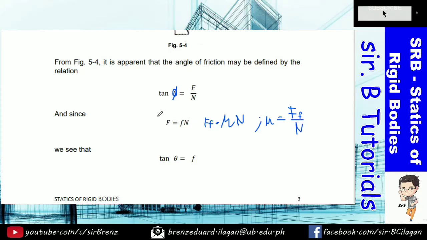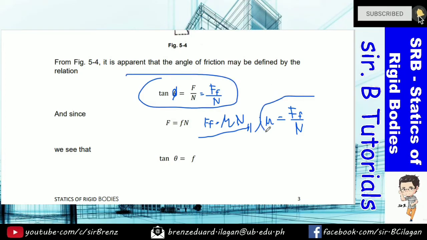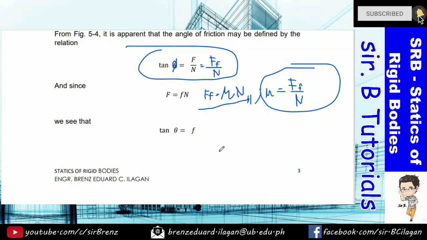So in this book, this is what it uses. But this is what I taught you, the friction formula. This is also equal to this one, the F here being F sub F over N. So in short, if you equate these two equations, what happens?